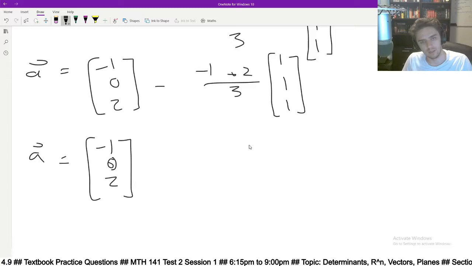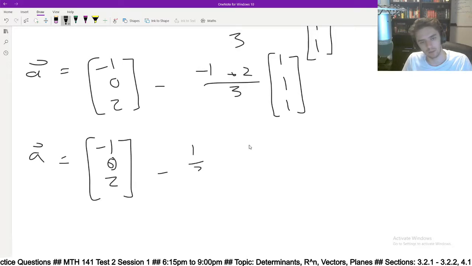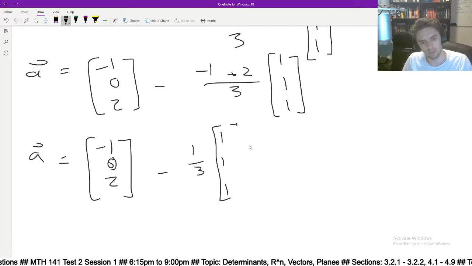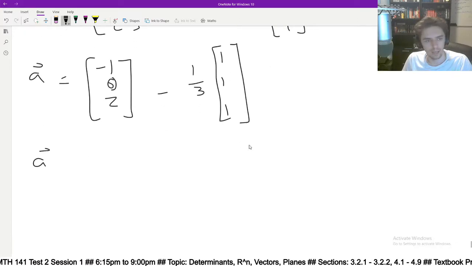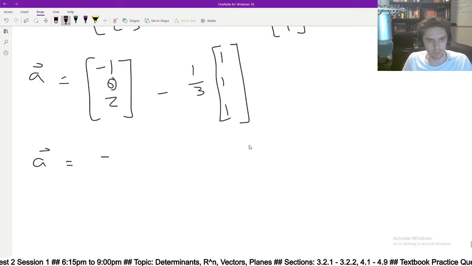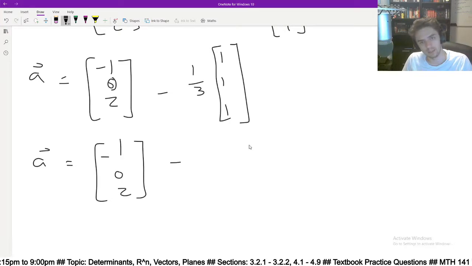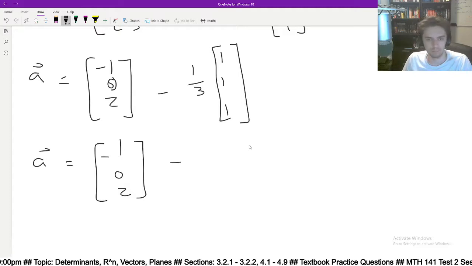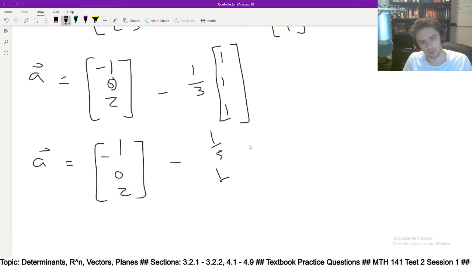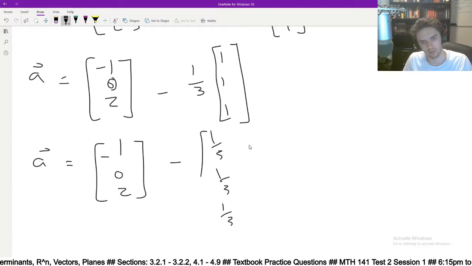Negative 1, 0, 2 minus, so now this is going to be negative 1 plus 2 over 3, 1, 1, 1. And this is just a third, so minus 1 third, 1, 1, 1. So finally, A is negative 1, 0, 2 minus a third, a third, a third.